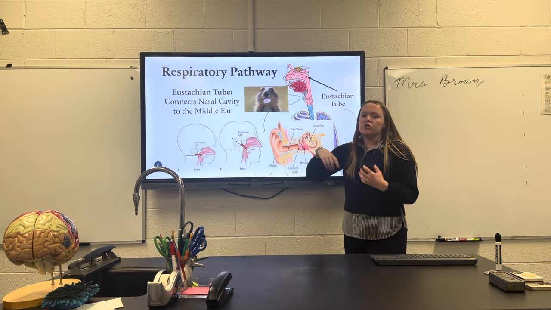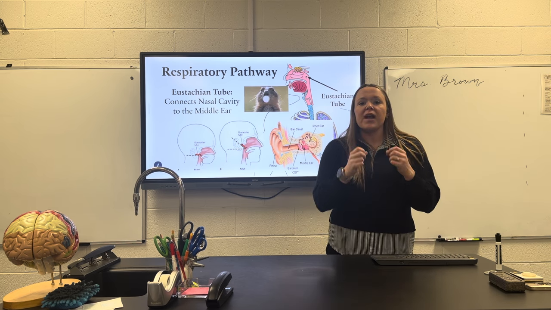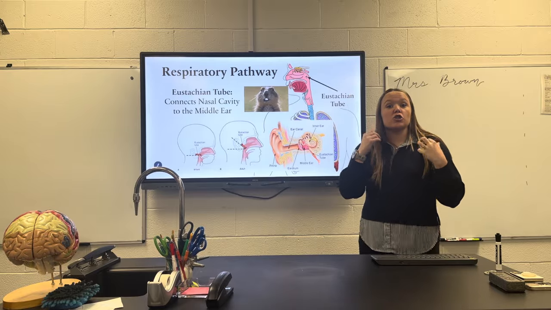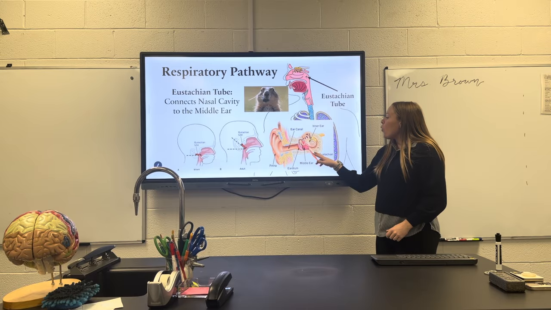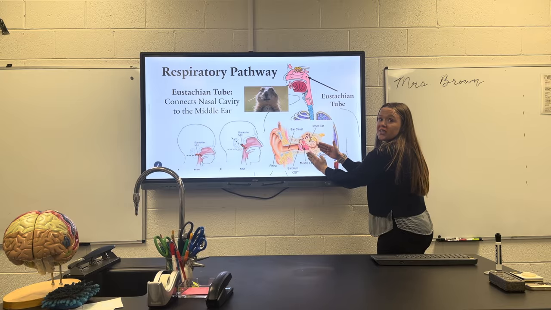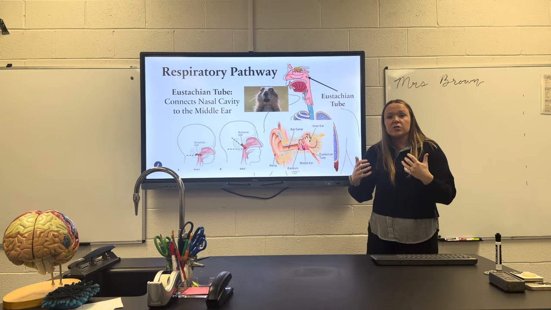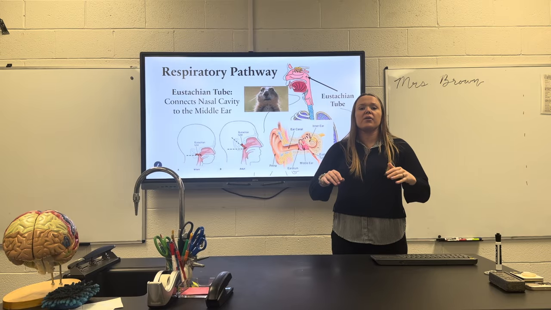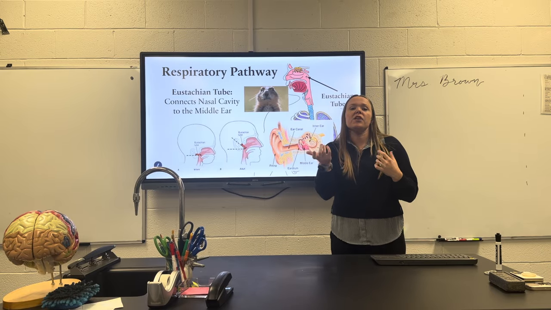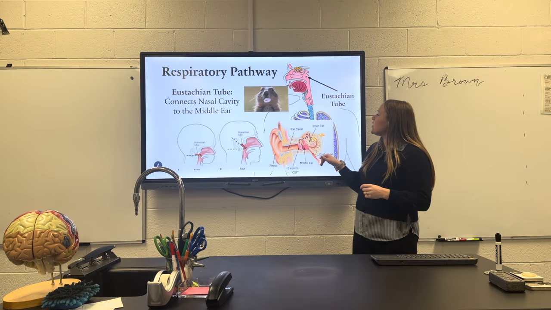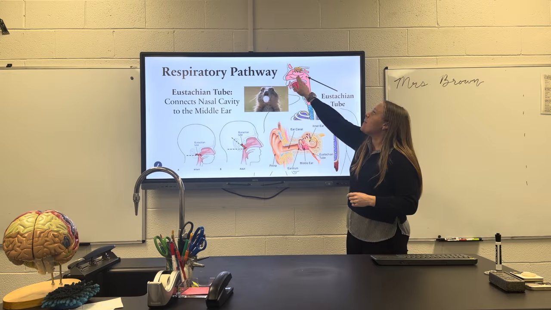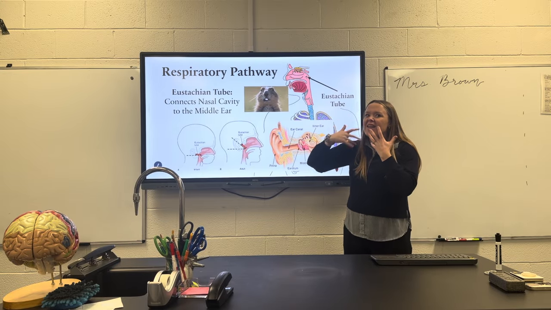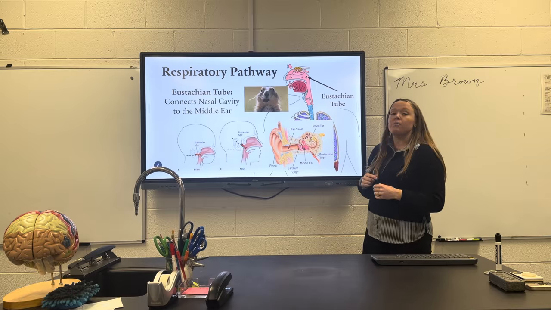People tell you to chew gum on an airplane because that movement of your jaw and facial muscles will open and close this tube so that the pressure can regulate and reach equilibrium. That's when you pop your ears. That's what you're feeling, the eustachian tube equalizing the pressure between your nasal cavity, which is like the outside air pressure, and your middle ear.